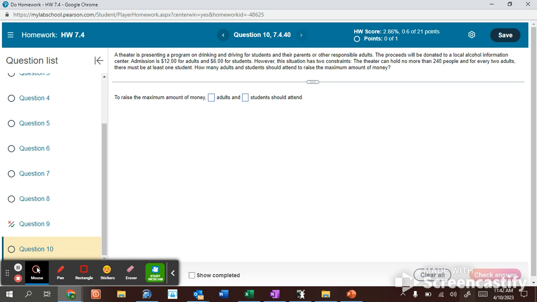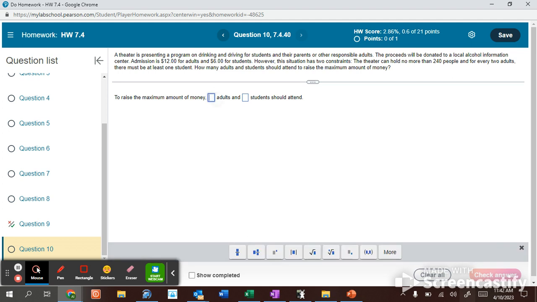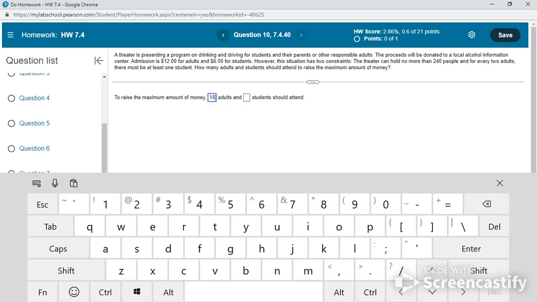So it should go like this: 160 adults and 80 students. Okay? So it should be this shaded. And so that'll be your maximum profit if it's 160 and 80. 160 and 80 for this situation.